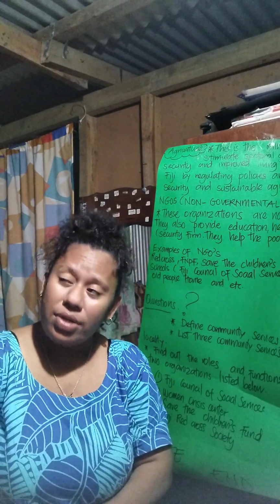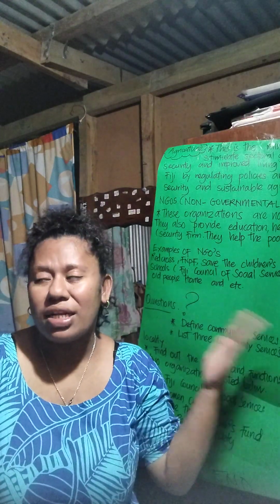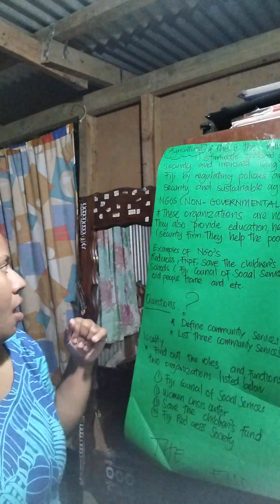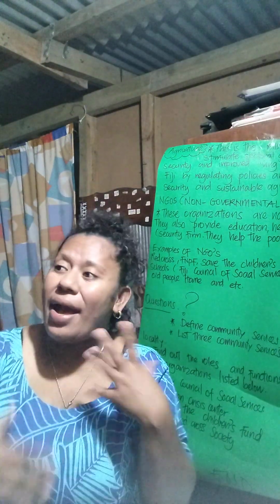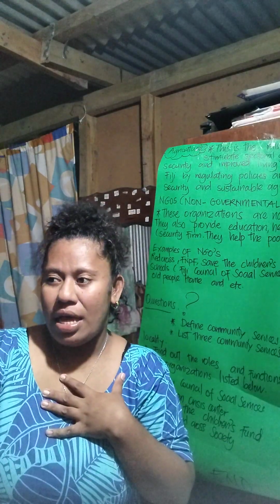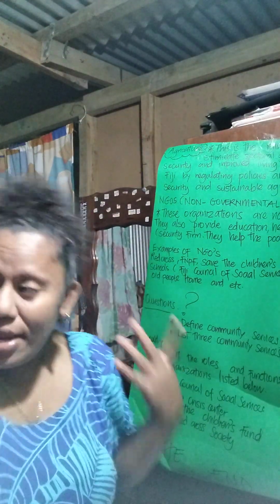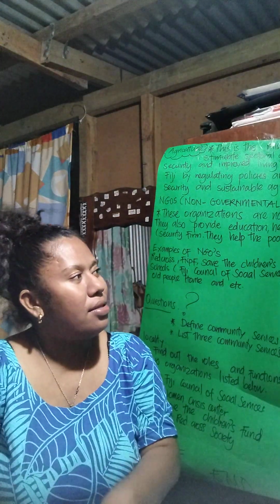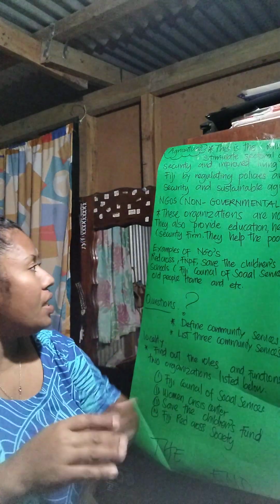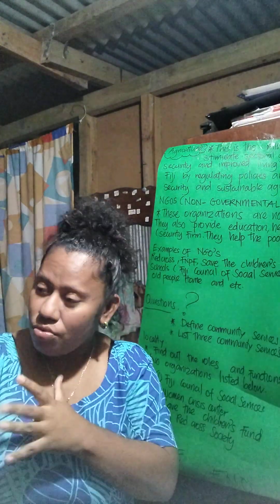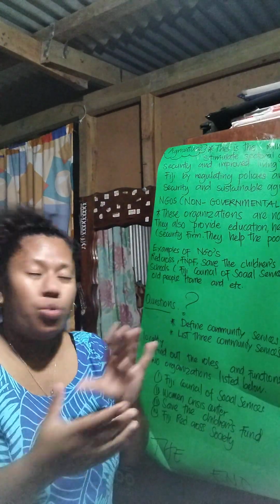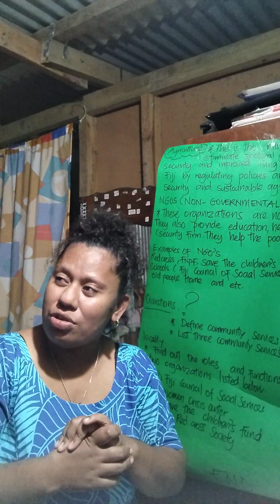And what else did we learn under non-government organization? They are not owned by government, but they also provide education, health, security agency, and they also help the poor and the orphan.